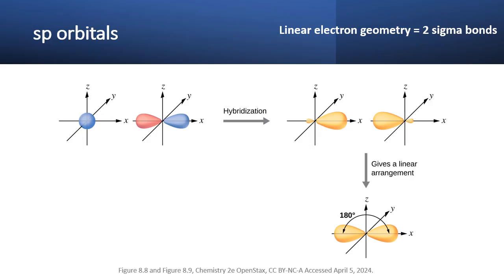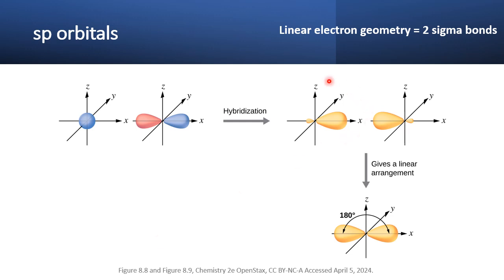So when you have a linear electron geometry, you have 2 sigma bonds. Note, I will be omitting the term electron in front of geometry in succeeding slides, but it will be implied henceforth. Anyway, there are 2 bonds, and we need to hybridize them. We'll combine an s and a p orbital to make an sp orbital, which has 1 skinny side and 1 extra long side.